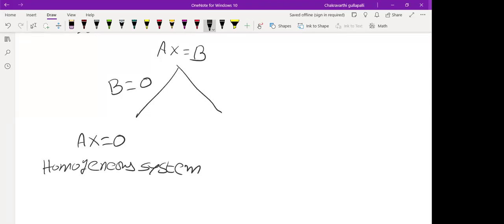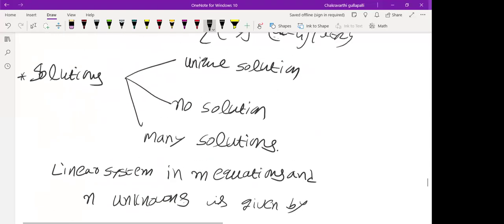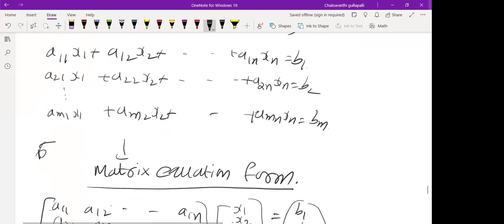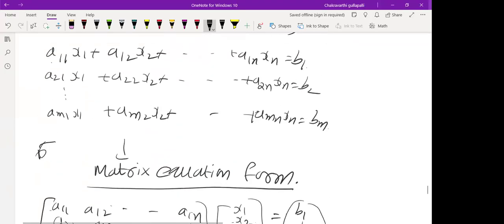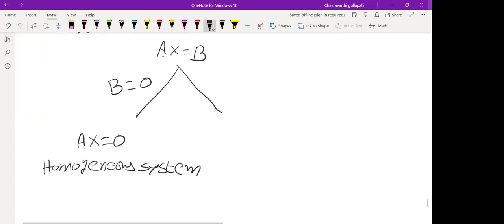A linear system is said to be homogeneous if the right side is 0. That means A11 x1 plus A12 x2 and so on up to A1n xn is equal to 0, A21 x1 plus A22 x2 up to A2n xn is 0. Everything on the right side is 0, no constants on the left side. Then such a system is called a homogeneous system.